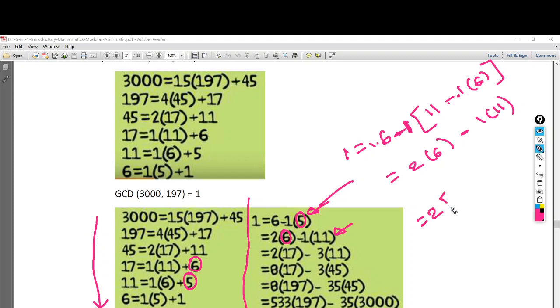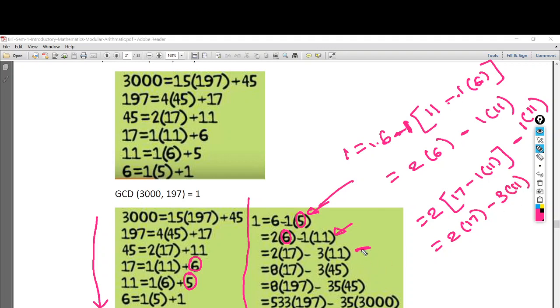So that you can write it like 2 times 17 minus 1 times 11, minus 1 times 11. So that is 2 times 17. Here you have 2 times 11 minus another 11, that is 3 times 11 minus 3 times 11.